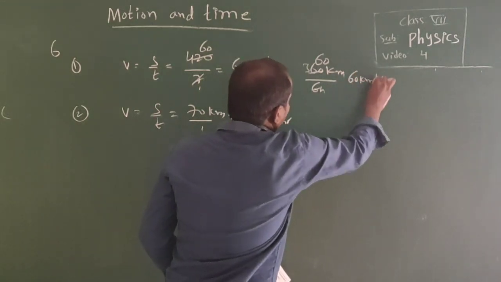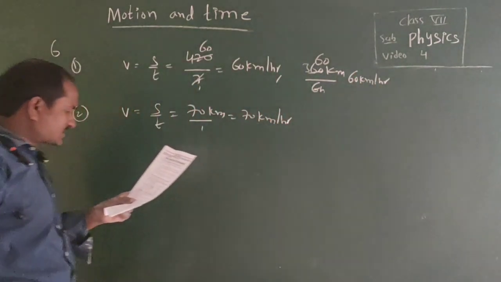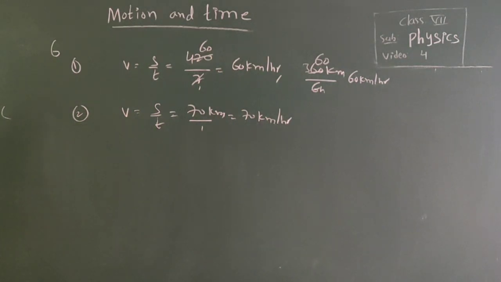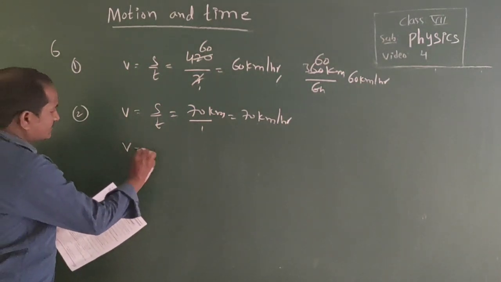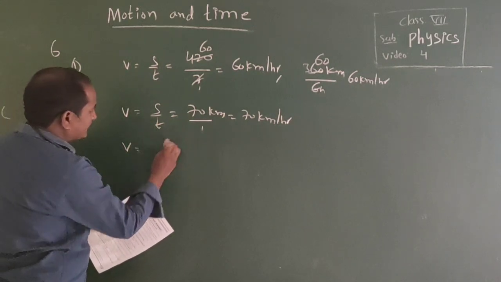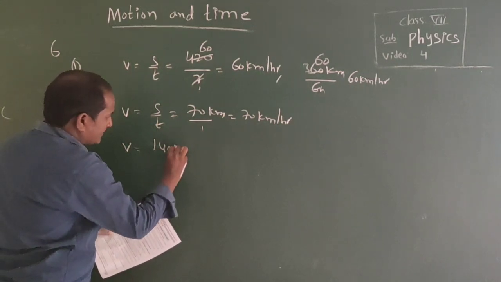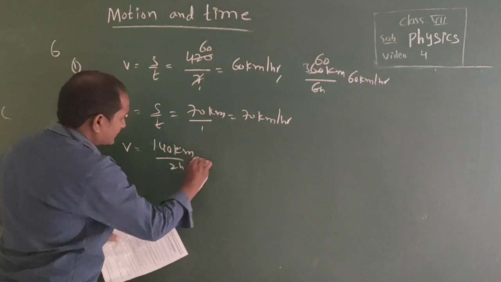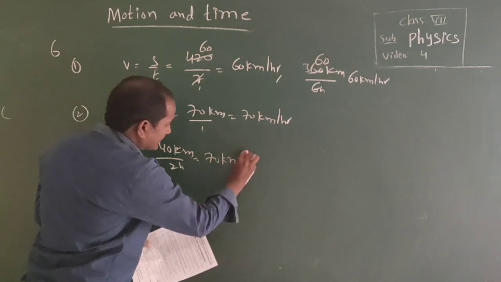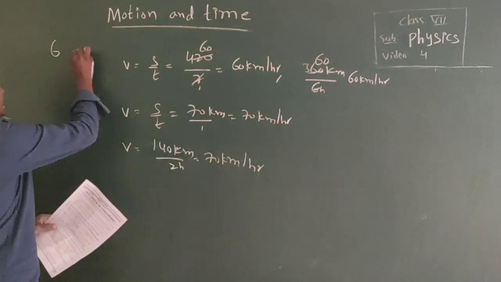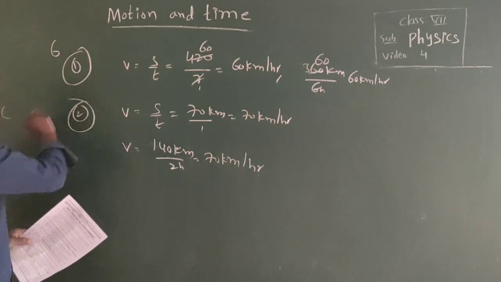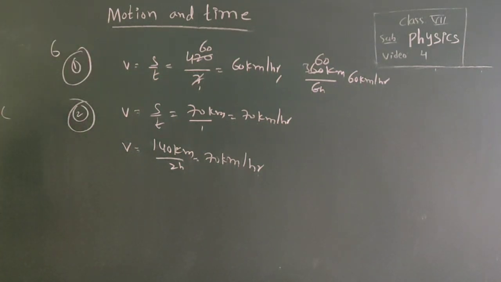Next, second case, Gopi takes part in a car race. He covers a distance of 70 kilometers in the first hour, second hour, third hour. So V equal to S by T, 70 kilometers in 1 hour, that means 70 kilometer per hour. In 2 hours, 140 kilometers, that equals 70 kilometer per hour. So statement 1 and statement 2 are examples of uniform motion.